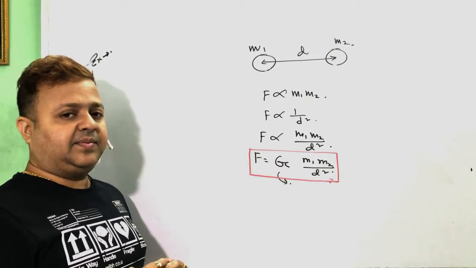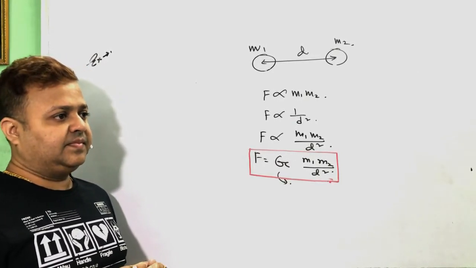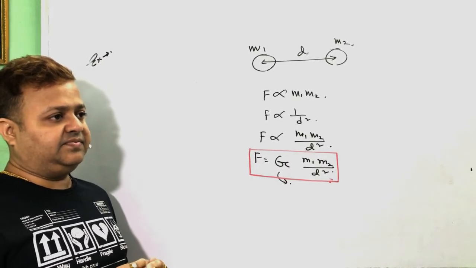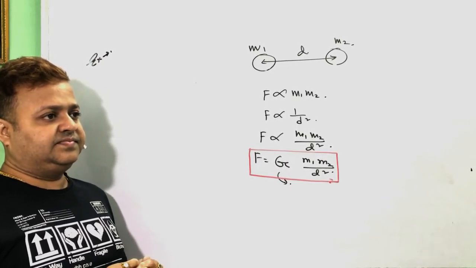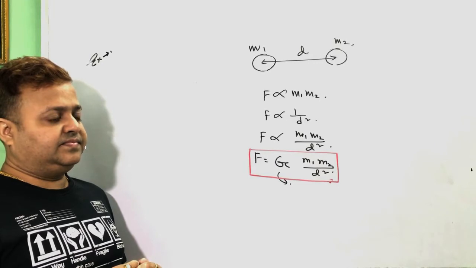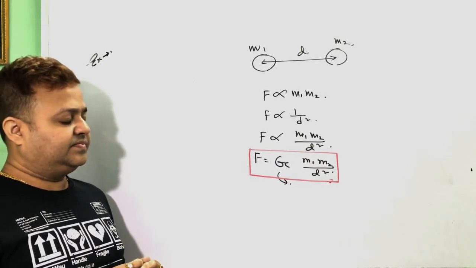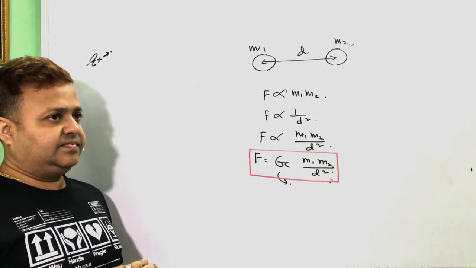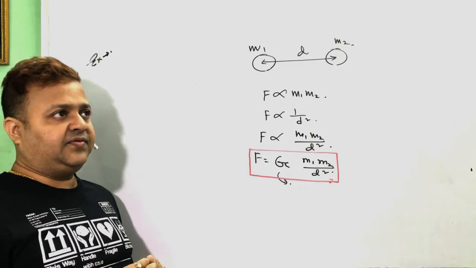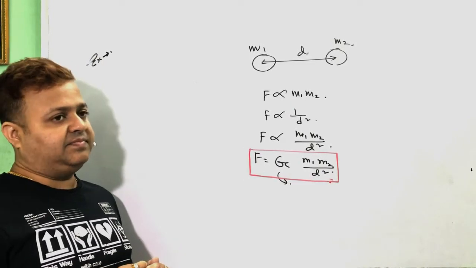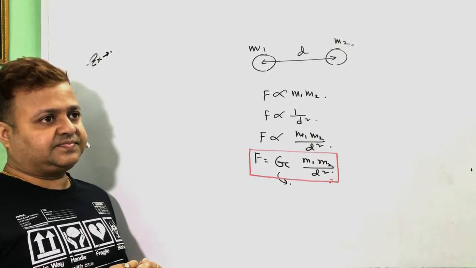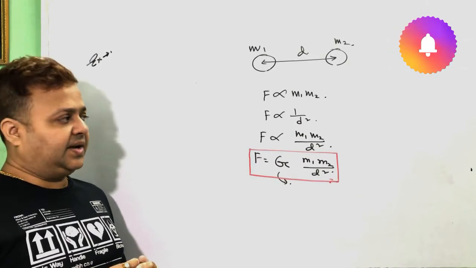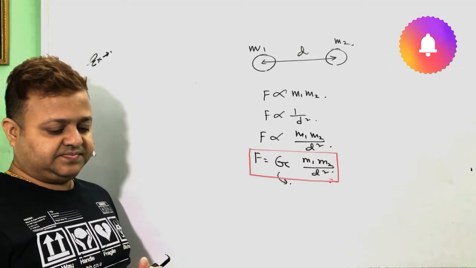If the distance becomes double, then what is the gravitational force between them?